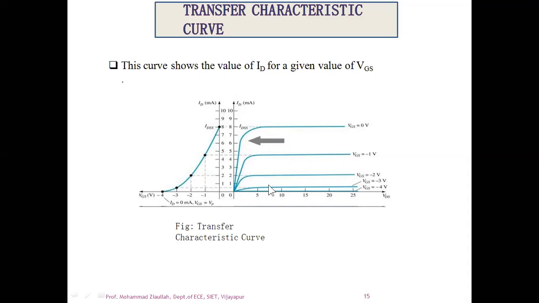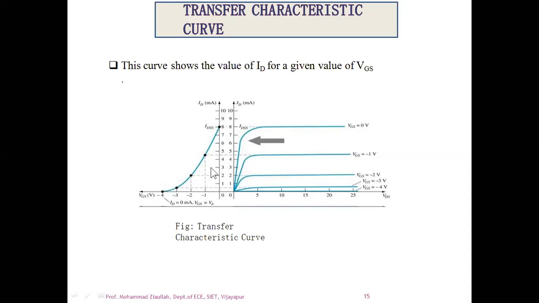Therefore, whenever there is an increase in the VGS voltage in the negative direction, or the reverse bias voltage, there is a fall in current. When the voltage is made zero, you will have the maximum current, as given here in the transfer characteristics of the JFET.